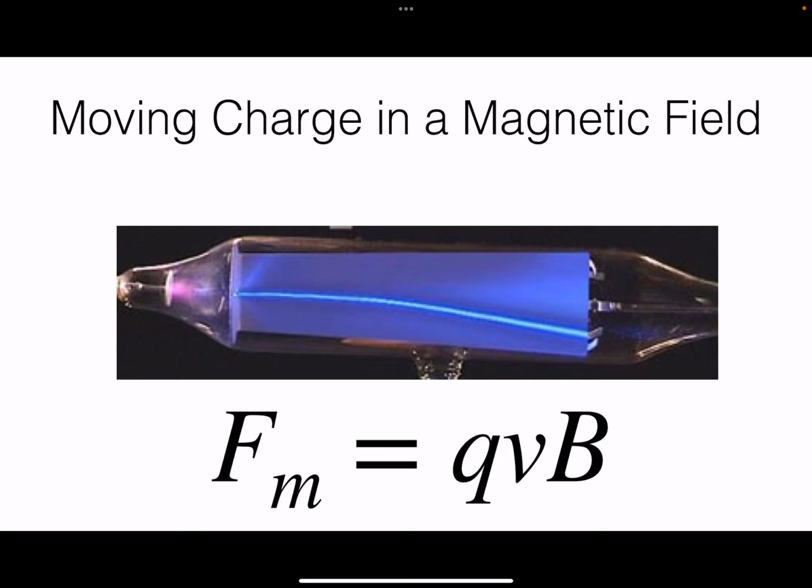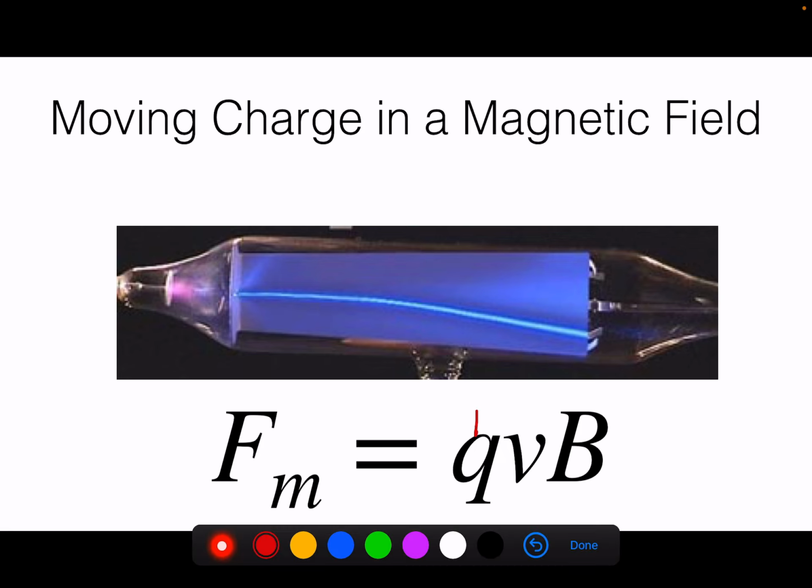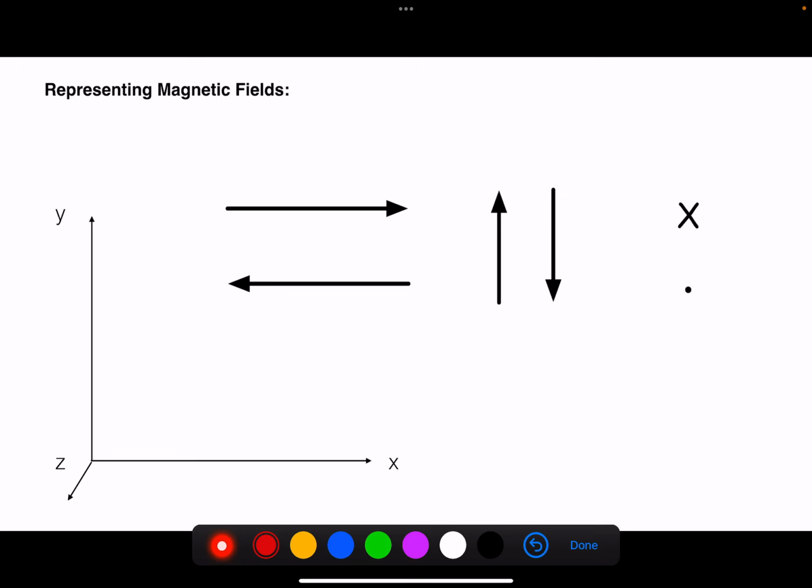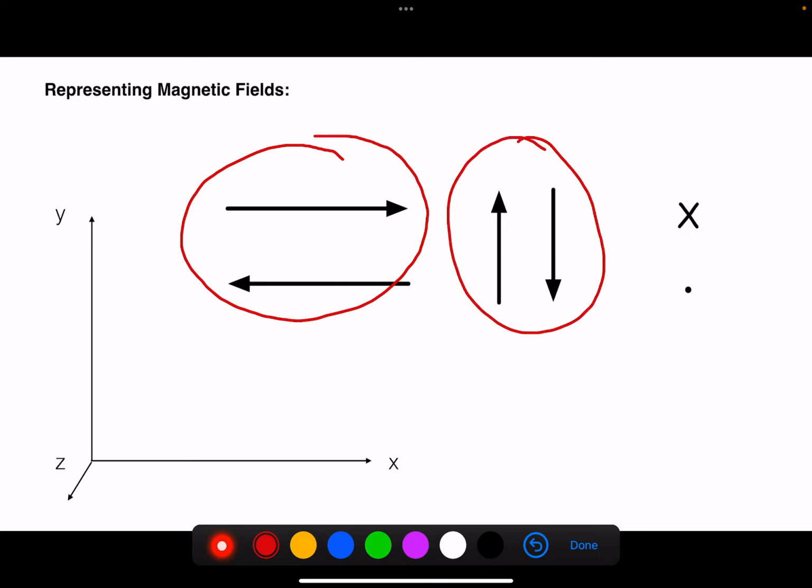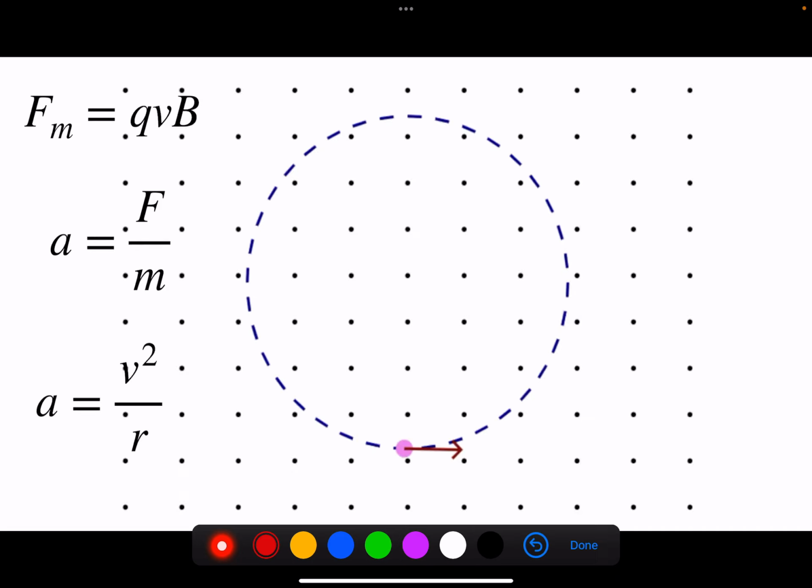That magnetic force was the product of the charge, the velocity, and the strength of the magnetic field in Tesla. We learned how to represent magnetic fields going left and right, up and down, towards us, and away from us. We learned how to use magnetic fields and the magnetic force to trap particles in a magnetic field.